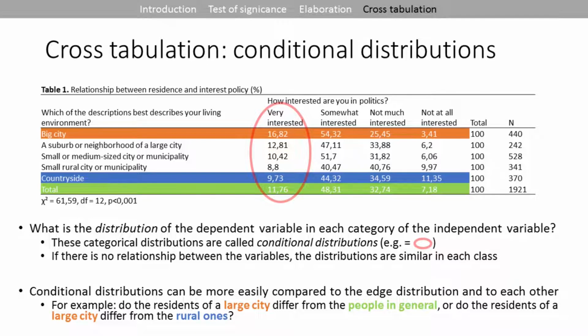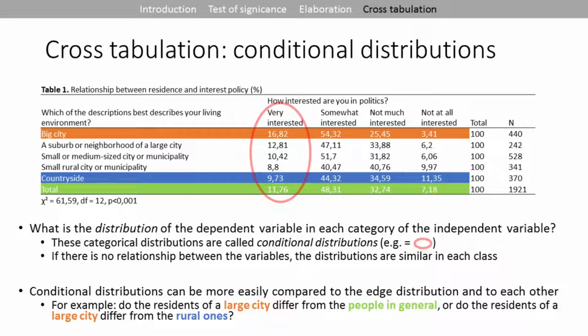And here we have the so-called conditional distributions. This is the distribution of the dependent variable in each category of the independent variable. They are called conditional distributions, here shown with the red circle, for example, which is one category of the conditional distribution.